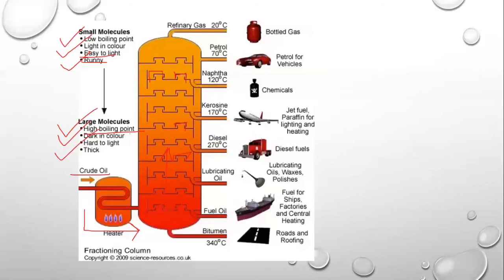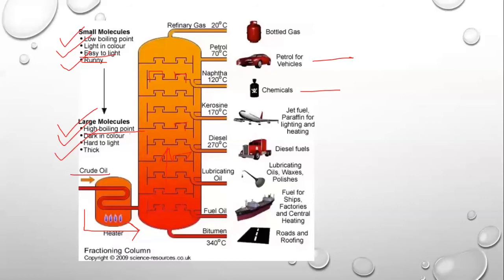Now we have separated them into different fractions because we want to make efficient use of them, and the uses of them are given to us as well. There are 2 kinds of fractions which are the most in demand. The first is petrol for vehicles, and the second is the chemicals, also known as naphtha.